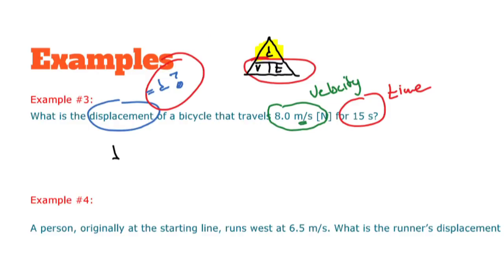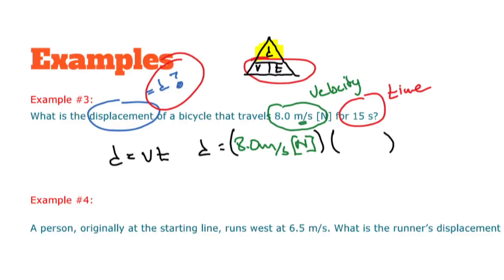So step 1 would be writing down my equation. Step 2 would be substituting values into my equation. My velocity was 8 meters per second north, and I'm going to multiply that by a time of 15 seconds.